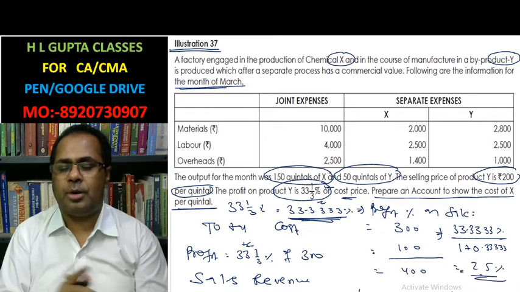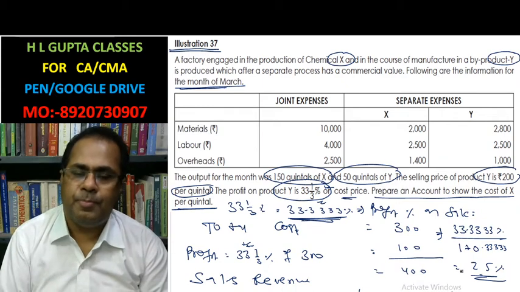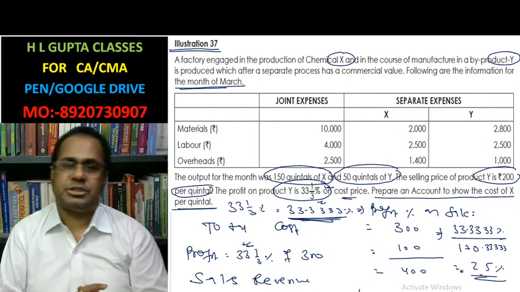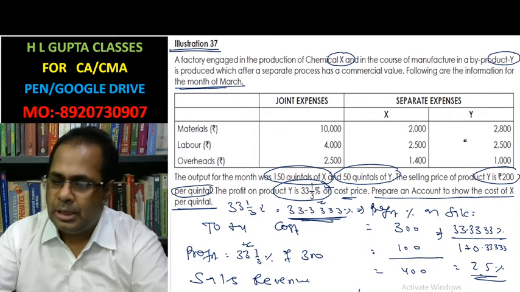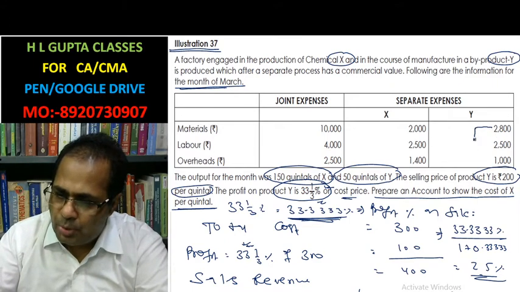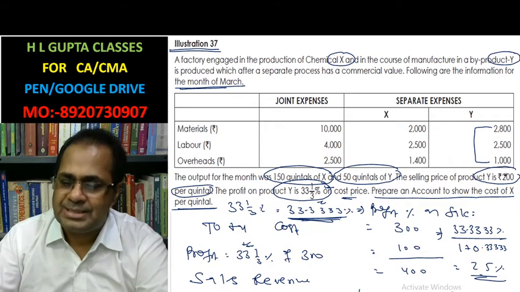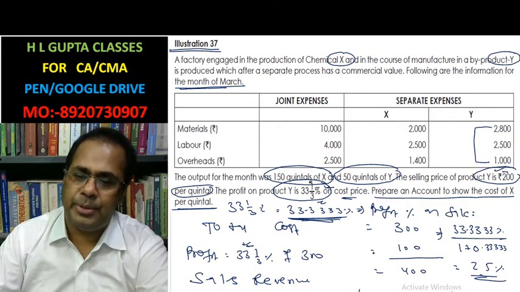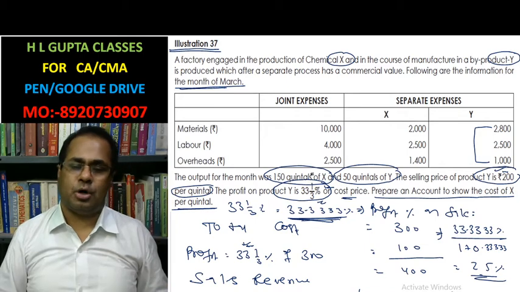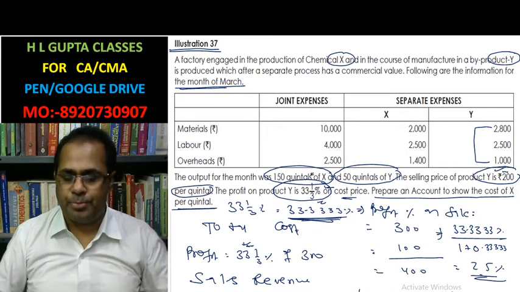This is the way of calculation of profit percentage on sale. Do you understand? In this question, separation cost of Y is already given, sales are given, and profit is given. Then you can calculate the joint cost of byproduct Y.